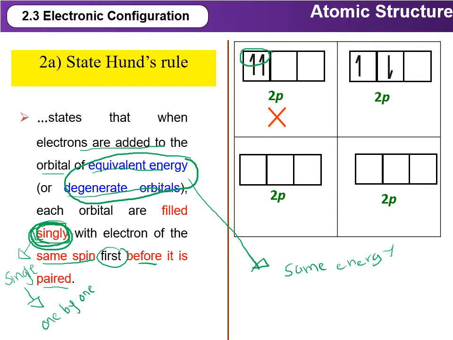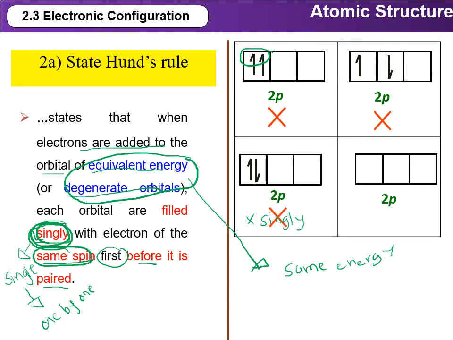However, we still consider it wrong because they are not with the same spin. In the third pair here, the first electron fills the first orbital, and the second electron also fills the first orbital. In this case, we also consider it wrong. Even though both electrons have different spins, they didn't fill up singly.